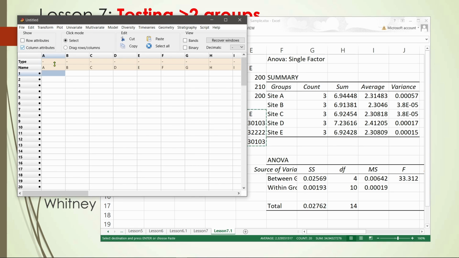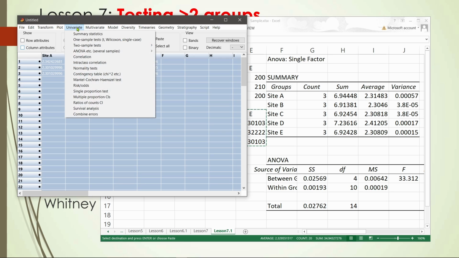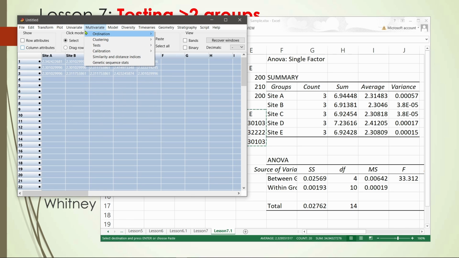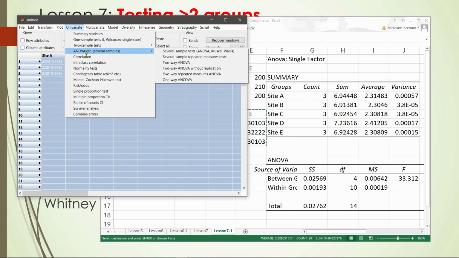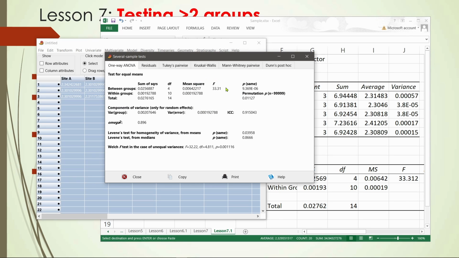Again, we will paste the data that we copied, select all, and then under univariate testing, ANOVA, serial sample test for ANOVA. So you can see here, one-way ANOVA, the F value is this, P value is here, and it shows there is significant difference among the groups.